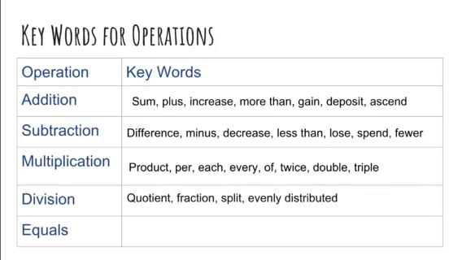Division, you're going to see quotient, fraction, split, evenly distributed. And then for equals, your most common ways to say equals are saying the words is, was, are, makes, and gives.